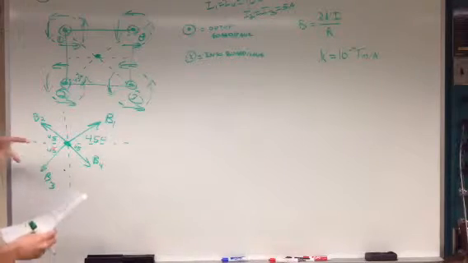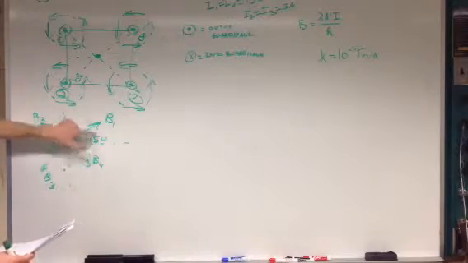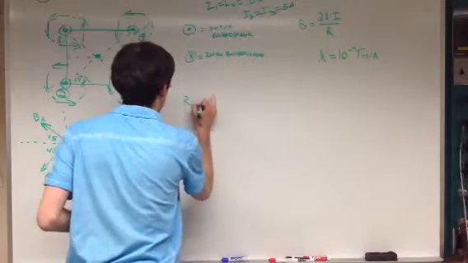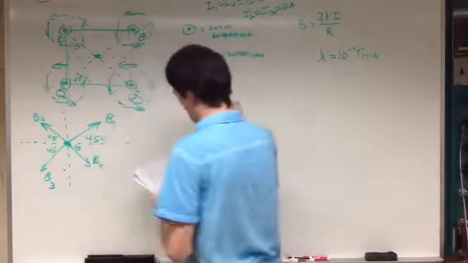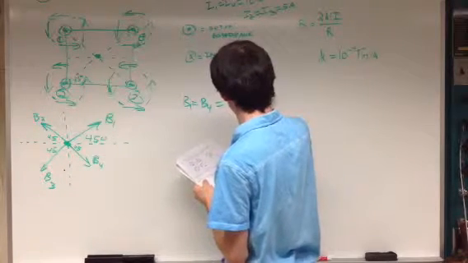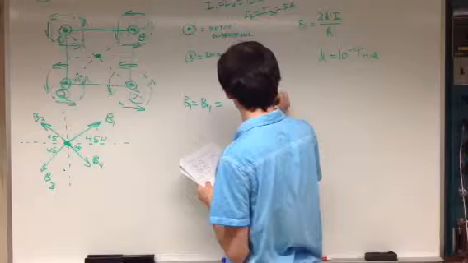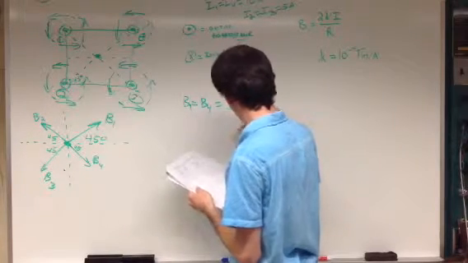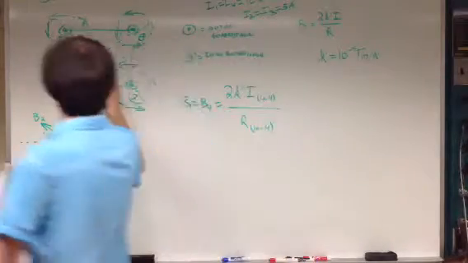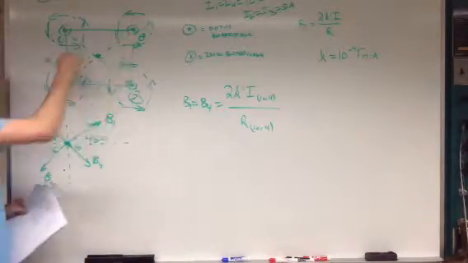So visually, we can calculate 1 and 4 using the same thing. B1 equals B4 will equal 2 k prime, I for either 1 or 4, it doesn't matter which one we use, over r, and the distance is going to be the same. They're all from this distance from the point.